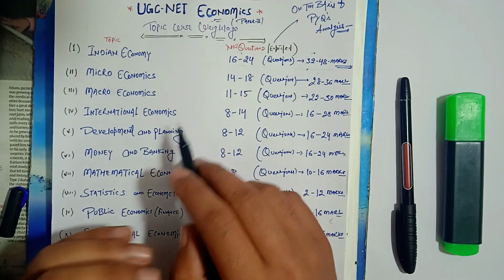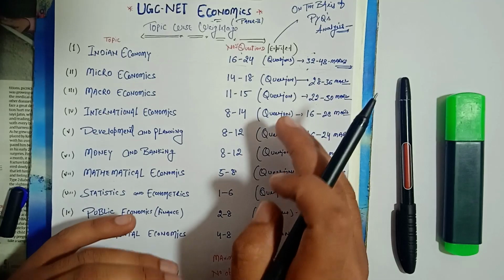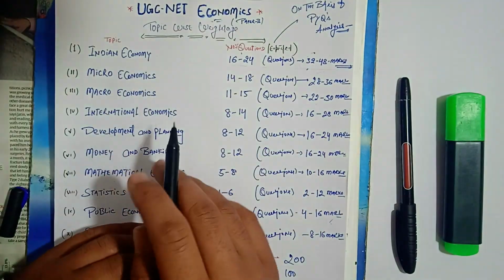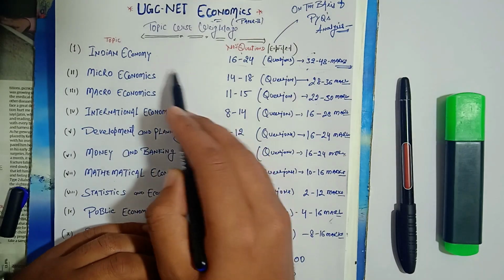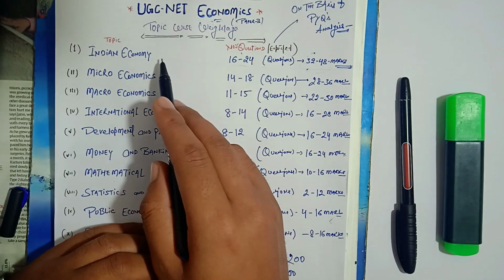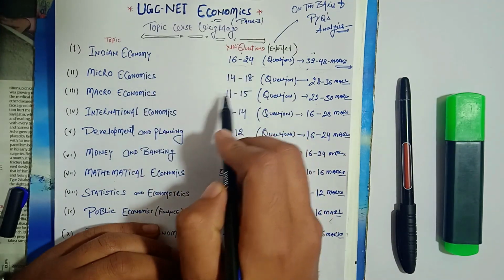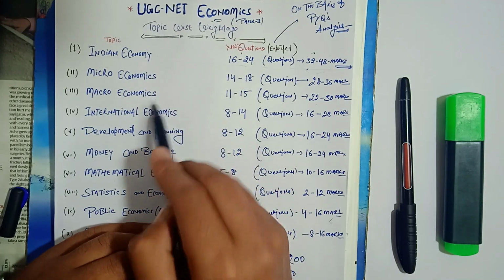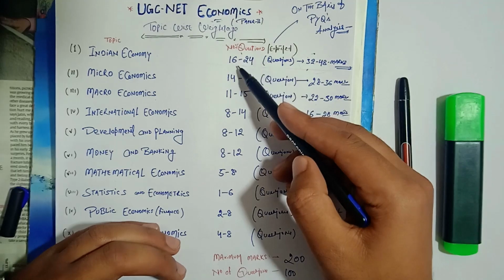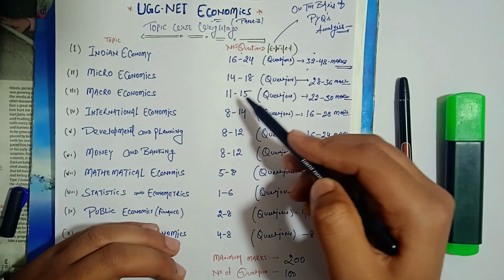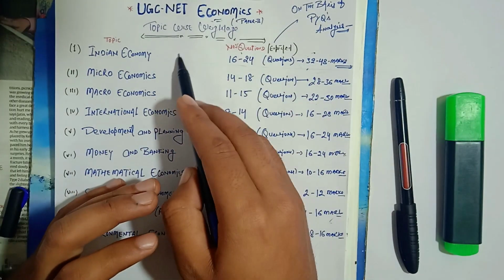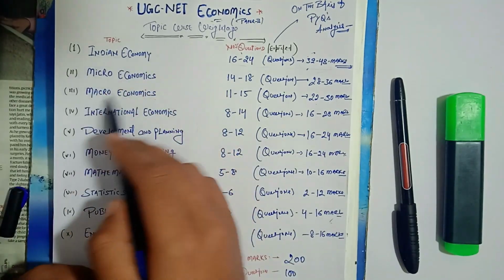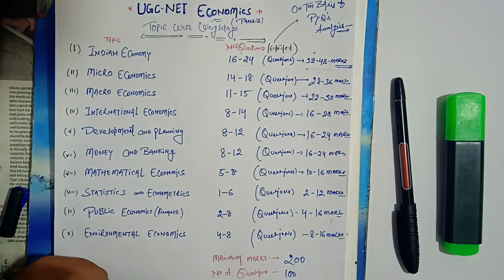Before going to the next section, I must say that almost 40 to 45% of questions come from these three topics only. You can see here 16, 14, 12, 11, so 40 to 45% of the marks are in these three sections only.